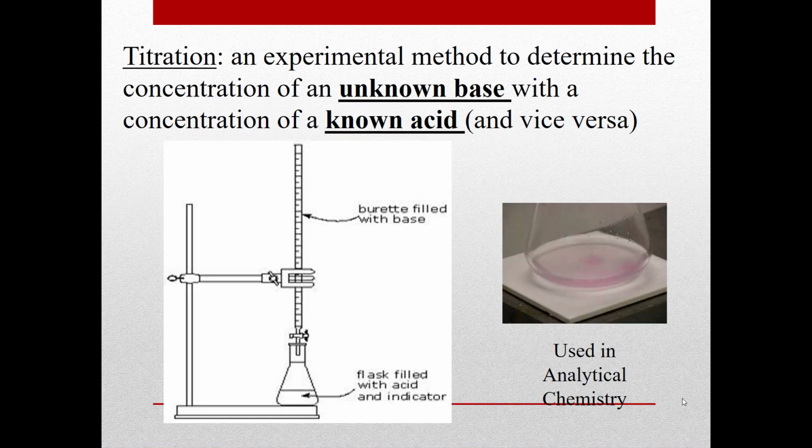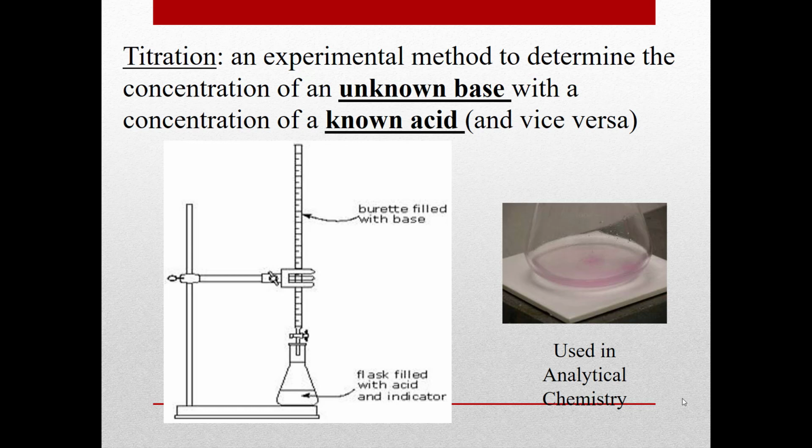Now in the lab, we can use this neutralization reaction to help us determine an unknown solution. So maybe there's a solution that we find in the back and we don't know what it is. Maybe it's an acid, maybe it's a base. I could take some litmus paper and I could test it out. If it turns blue, I know that it's a base. So I still need to know the concentration.